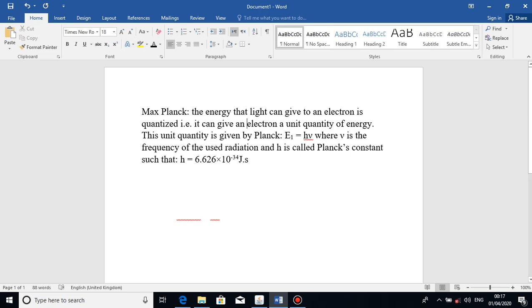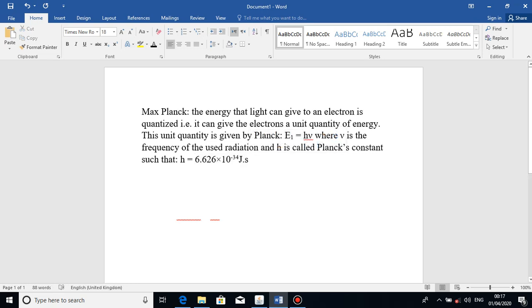Here, let me write this unit quantity given by Planck. E1 equals h nu, where nu is the frequency of the used radiation and h is called Planck's constant, such that h is equal to this value.